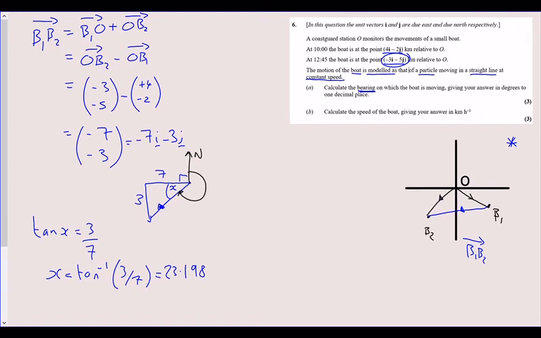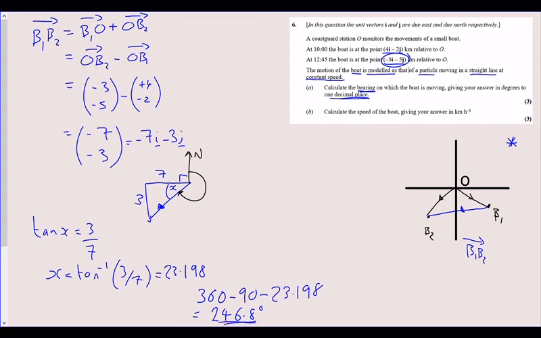And then I'm going to subtract that and 90 degrees from 360. So 360, take away 90, take away 23.198 will give me the bearing of the boat's travel. So that's 246.8 degrees. So you say to give the answer to one decimal place.